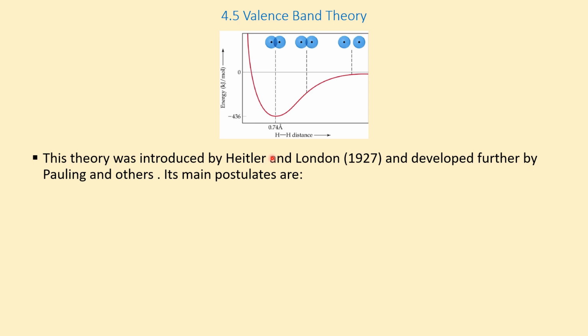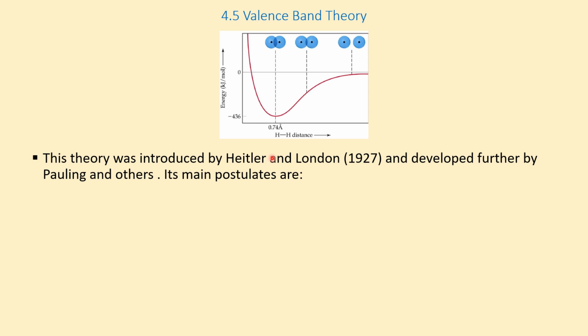Similarly, the repulsive forces arise between the electrons of the two atoms and the nuclei of the two atoms. Attractive forces tend to bring the two atoms close to each other, whereas the repulsive forces tend to push them apart.